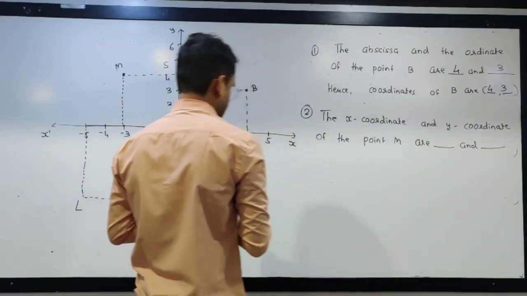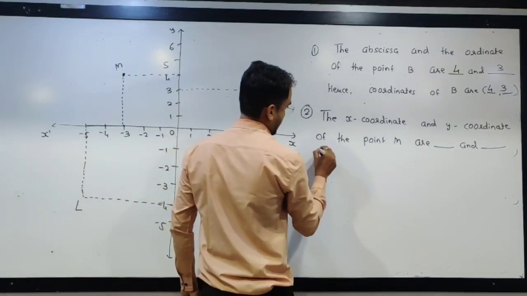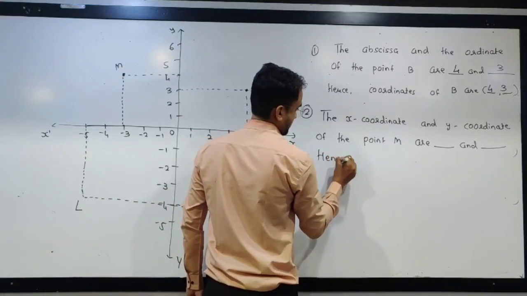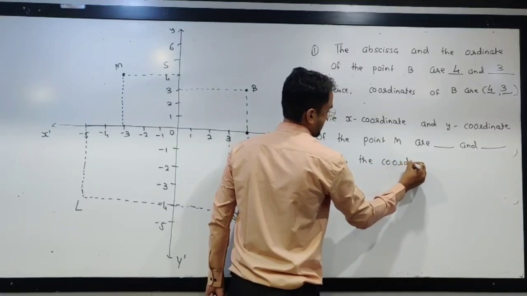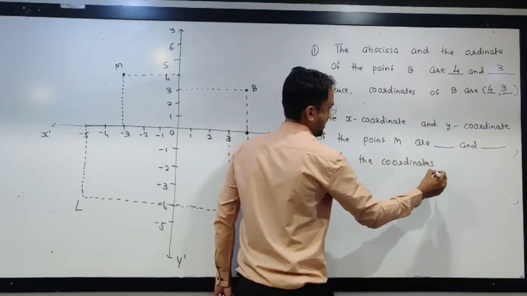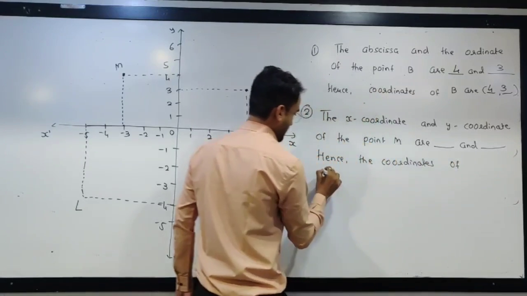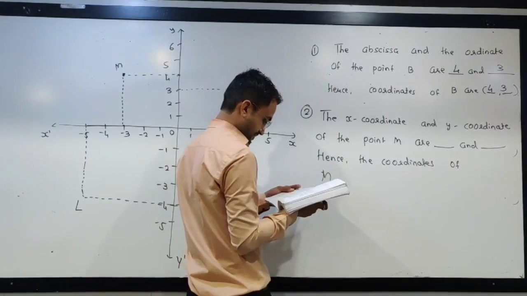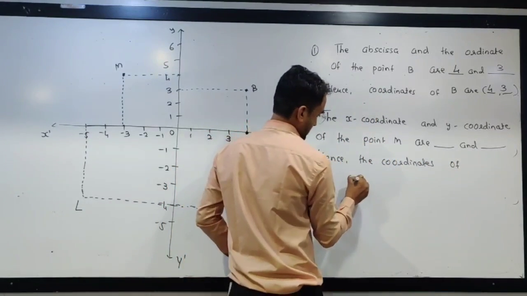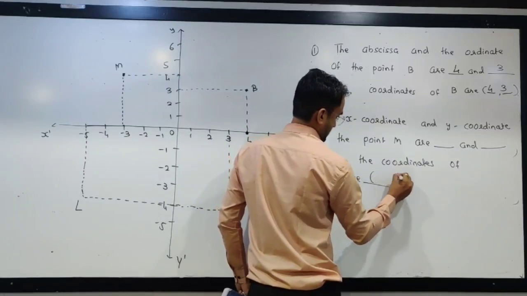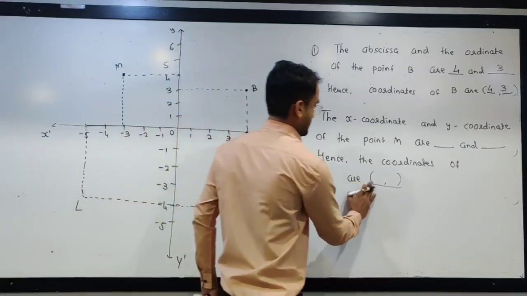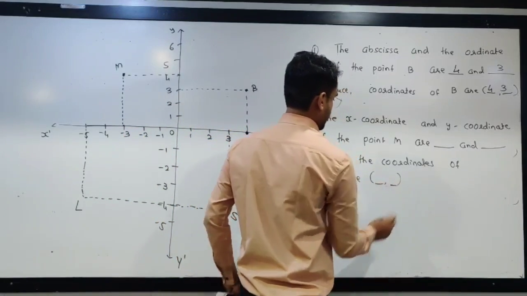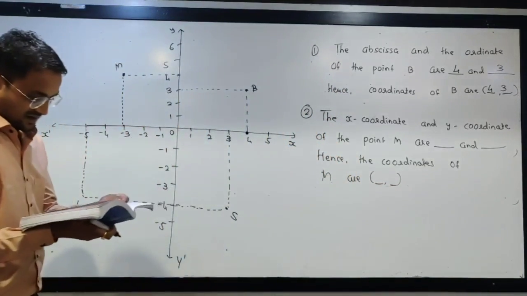Hence the coordinates of M are dash. Right. This way your question is given, right?